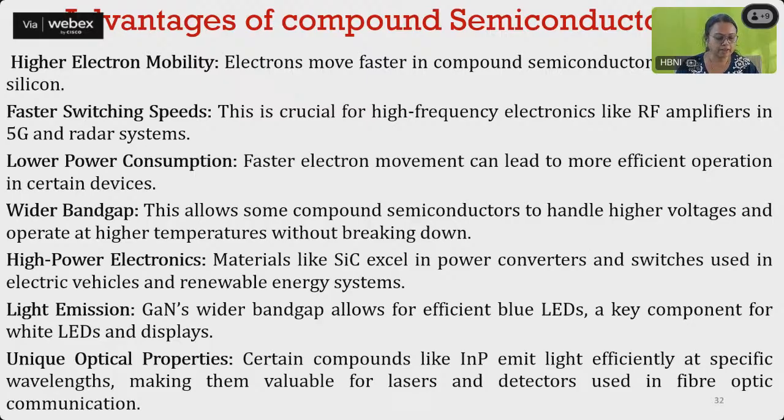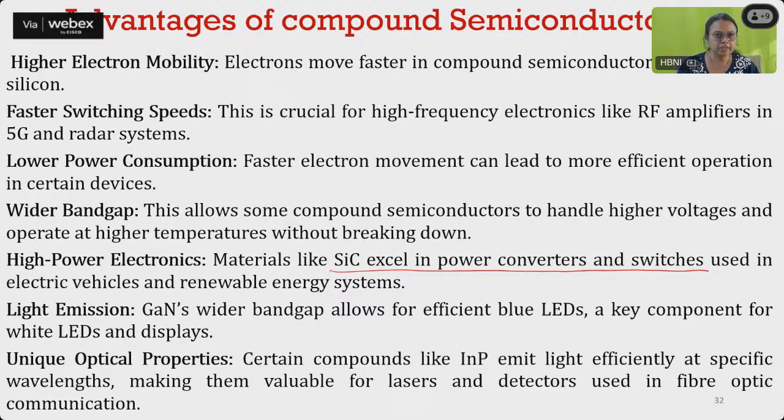Because they have a wider band gap, some compound semiconductors can handle high voltages and operate at high temperature without breaking down. Because they can handle higher voltages, we can use them in high power electronics. Silicon carbide is excellent in power converters and switches used in electric vehicles and renewable energy systems.